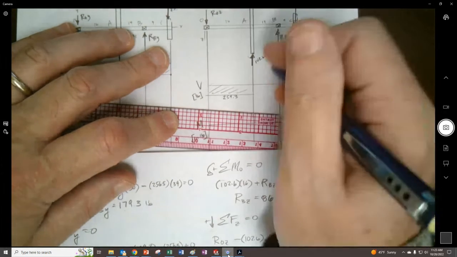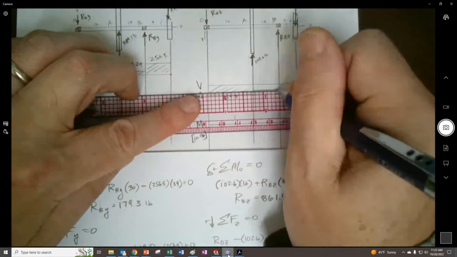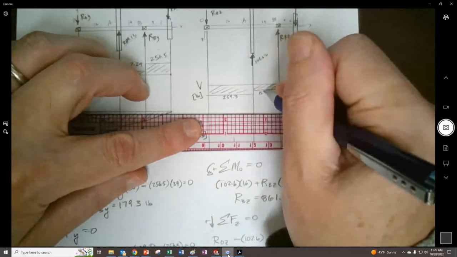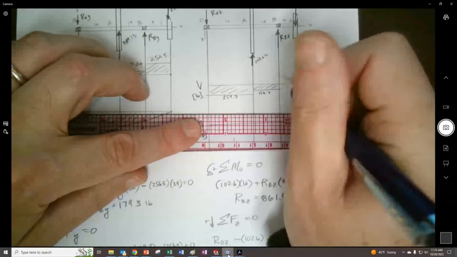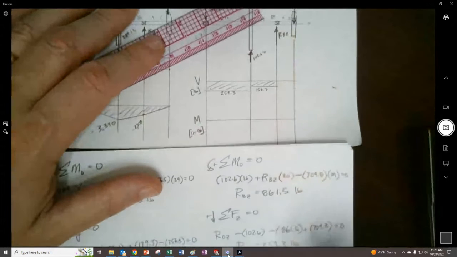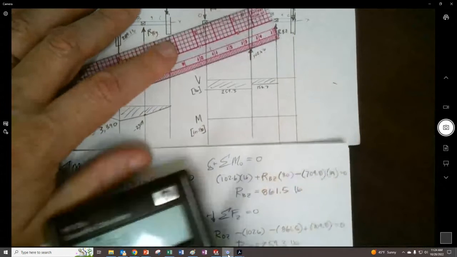So we're not going to make it all the way back up. It's going to go right there, and we'll go 156.9. And then RBZ, which is 861.5, is going to go the other direction.